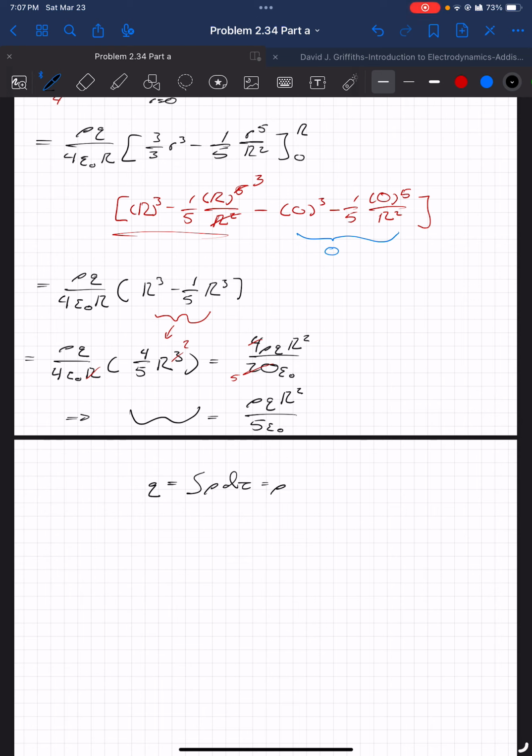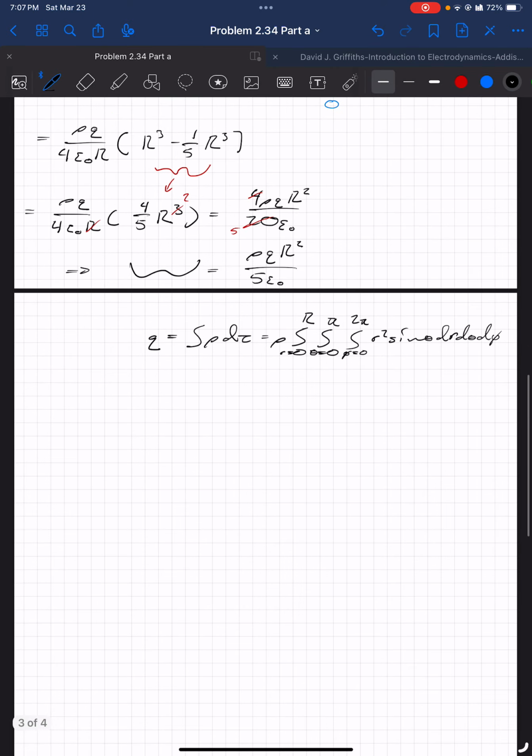So d tau is of course equal to r squared sine theta dr d theta d phi, which brings along its limits: r is equal to 0 to large R, theta is equal to 0 to pi, and phi is equal to 0 to 2 pi. And this is the integral of r squared sine theta dr d theta d phi, which if you take each of them, I will show you the integrals.